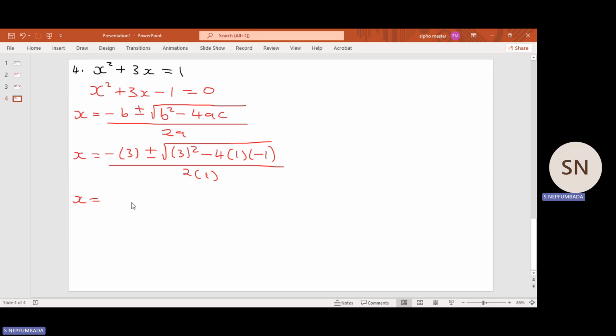If we get fractions, we press SD on the calculator, and we'll get our x1, which is 0.30, or our x2, which is -3.30. So we must have two answers, x1 and x2. Let's proceed to the next question.